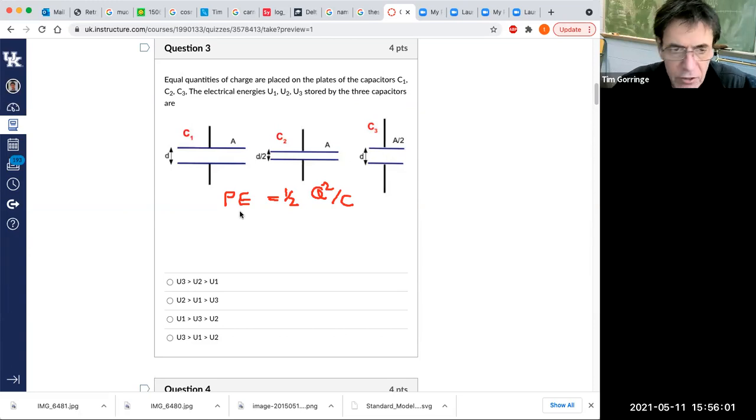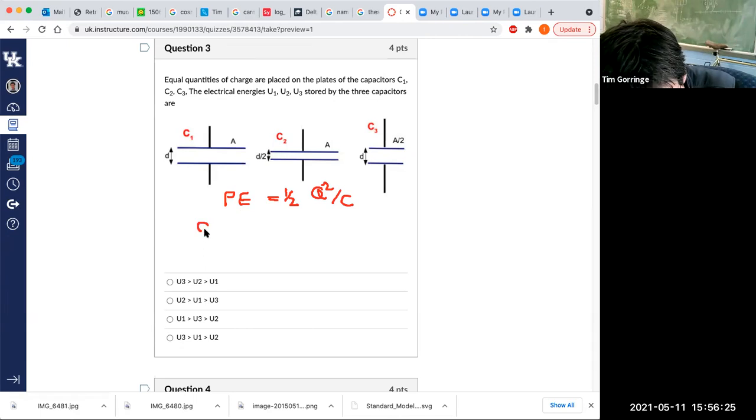And because the potential energy is inversely proportional to capacitance, if you place the same charges on the capacitors, then the capacitor with the largest capacitance will store the smallest energy. The capacitor with the smallest capacitance will store the largest energy.